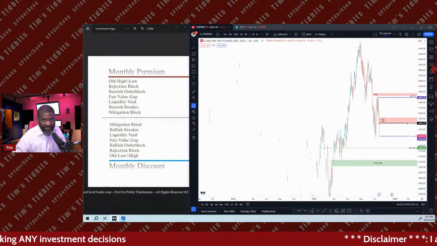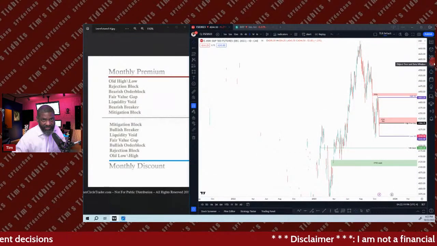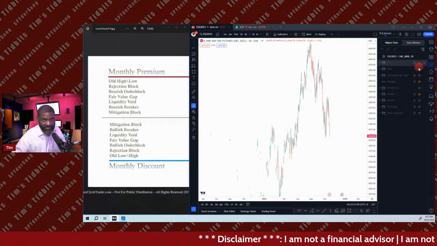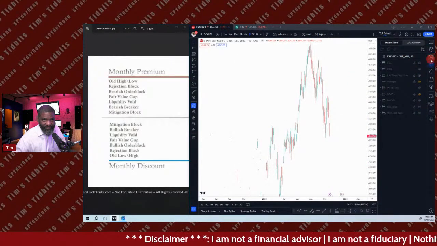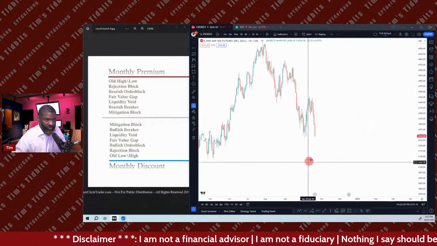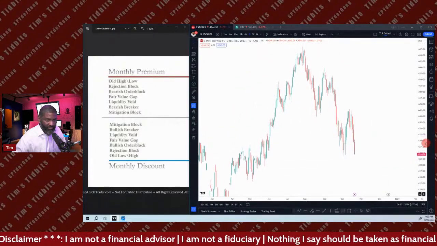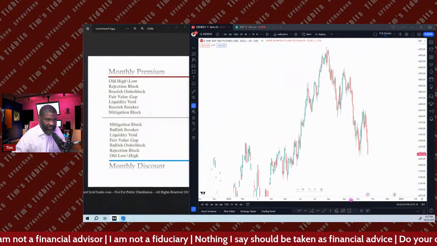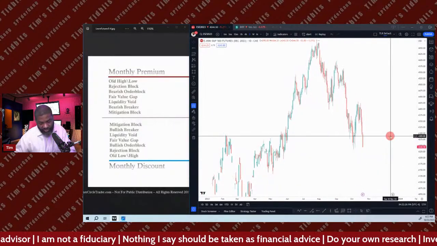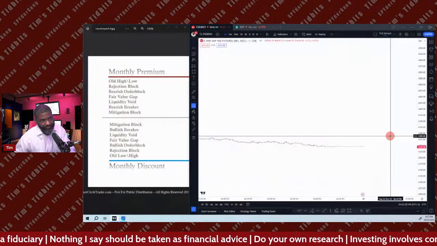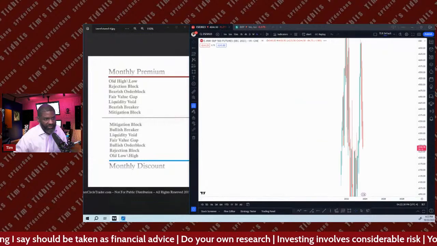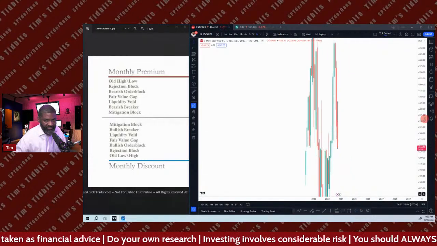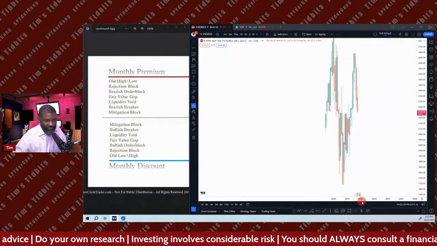Let's put it on daily. And then hide this. So with the PIMDAS chart, okay, let's go to a monthly first. So we're gonna go to a monthly time frame so I can show you this here.